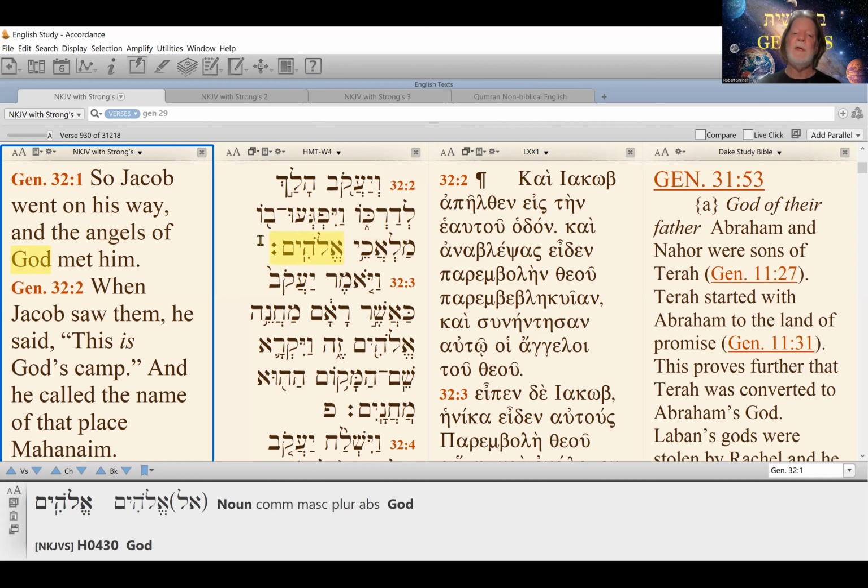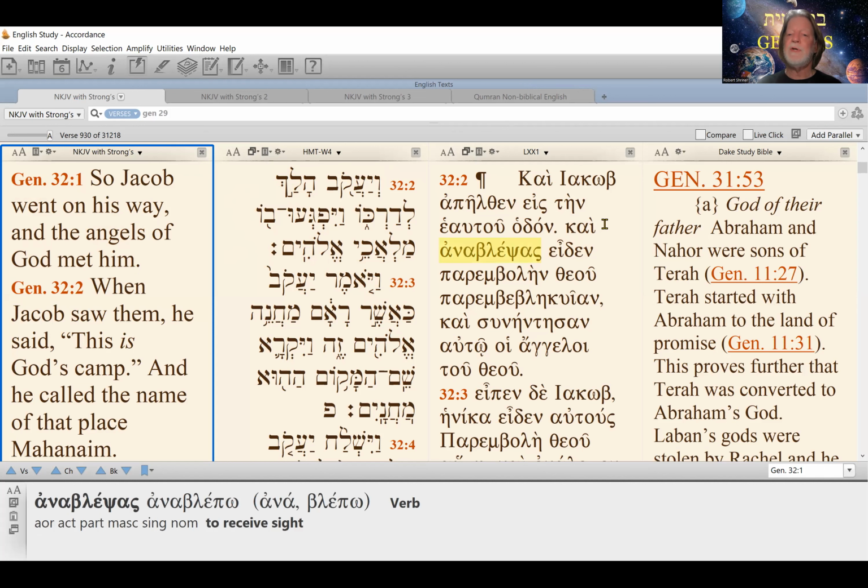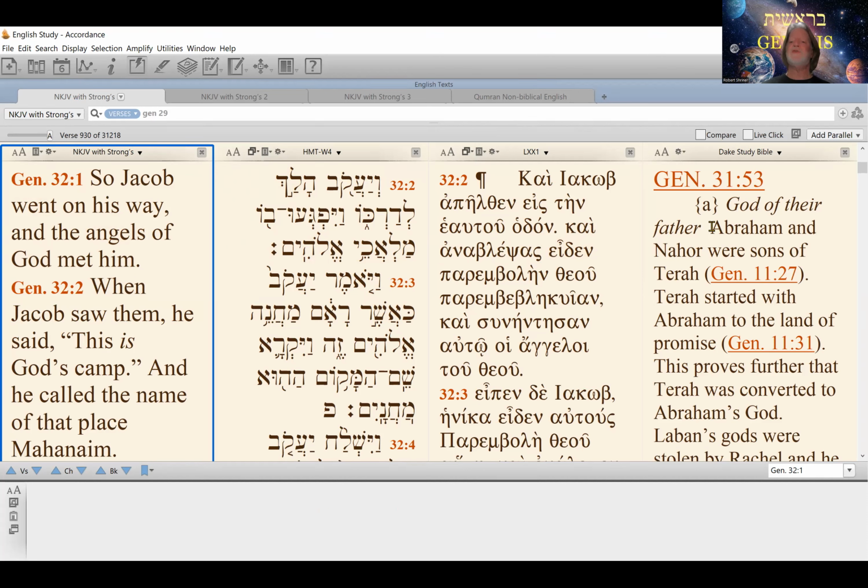Then we've got the standard Hebrew text. This is the Biblia Hebraica Stuttgartensia, the Masoretic text of the Old Testament here. I've also got a Greek text of the Septuagint, and then we've got Dake's Study Bible notes there in case I come across something that I can't explain. We'll see if Finis Dake can explain it.